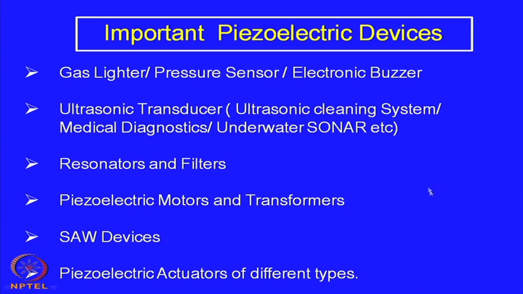It is the ultrasonic flaw detection system, and there also you generate an ultrasonic wave, an ultrasonic signal, then let it transmit through the material, and it gets reflected from a crack or a grain boundary and so on, particularly if there is a pore or a flaw or crack. So, a crack reflects it and you get the detection. So, that is a very important technique of ultrasonic flaw detection system.